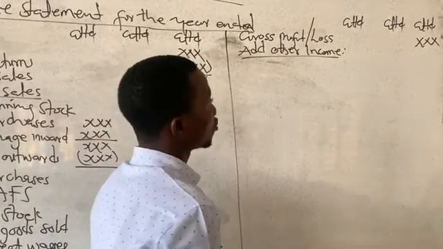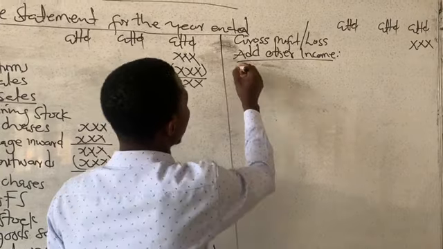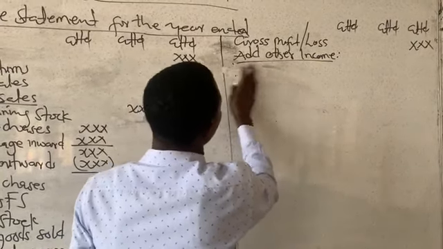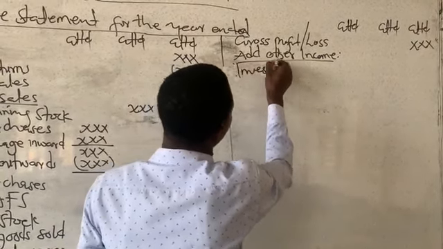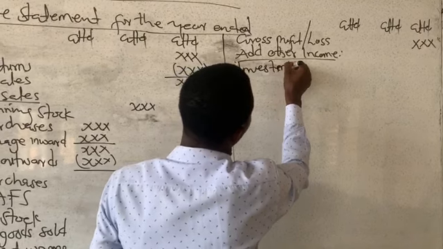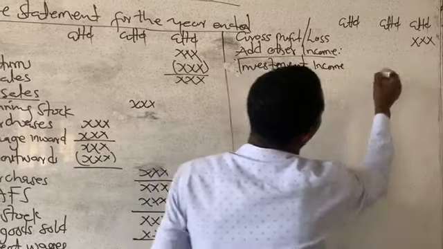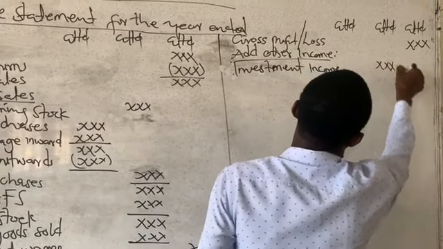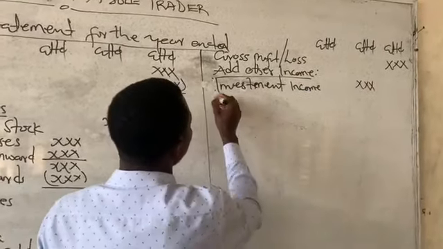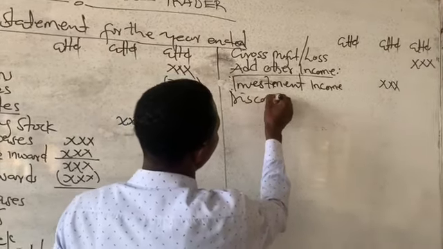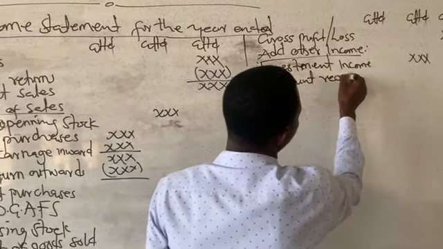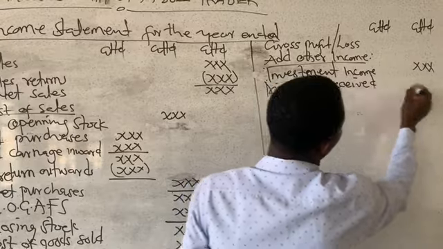Is that okay? So other income like investment income, let's say investment income. We come here. If there is maybe discount receipt, we add it.